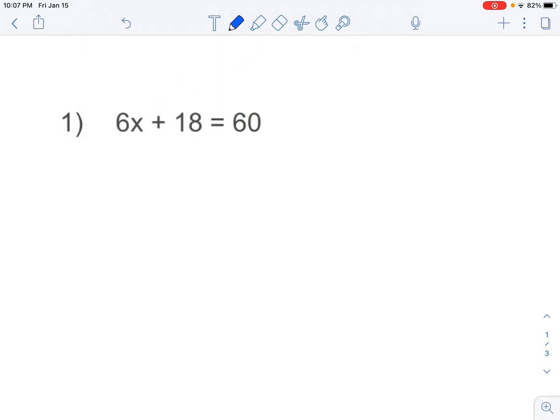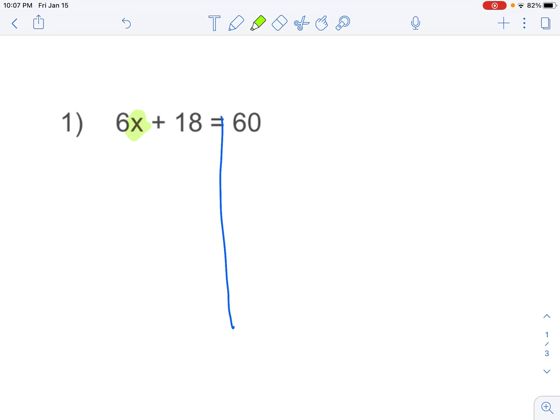I like to always draw a line right down from the equal sign. That's because we need to make sure that we are organized in our writing and our solving, and we actually see the outcome by the end. So I also always highlight my variable.